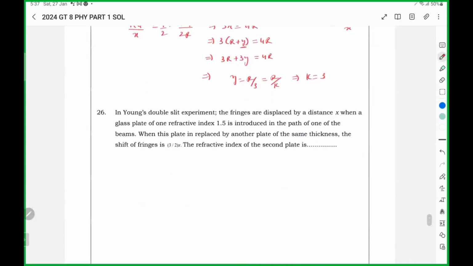So here Young's double slit experiment, fringes are displaced by a distance x. So here slits in the path, when glass plate is introduced, fringes shift.